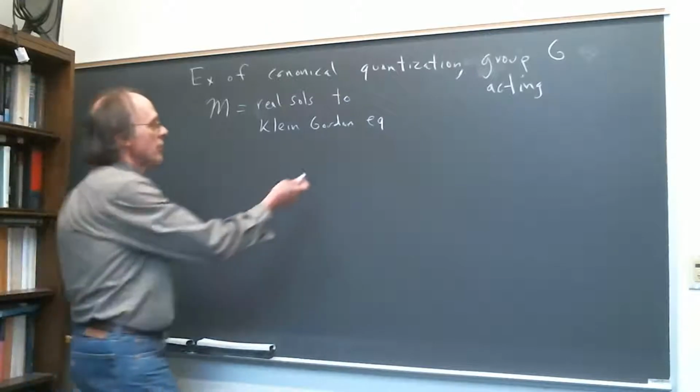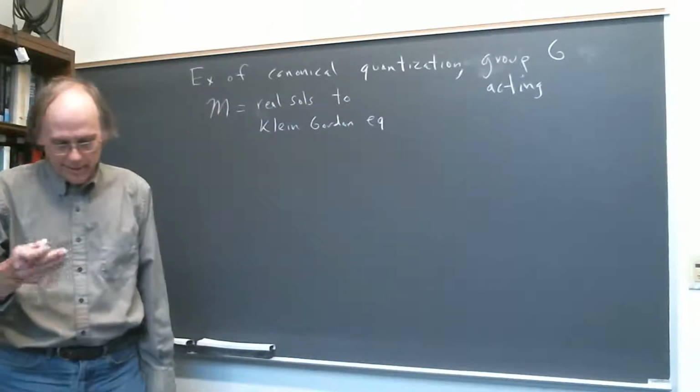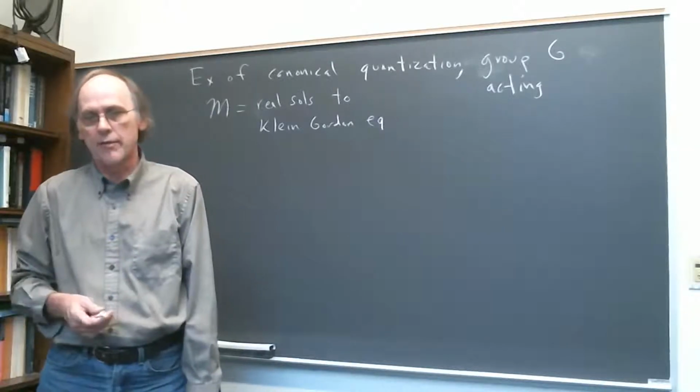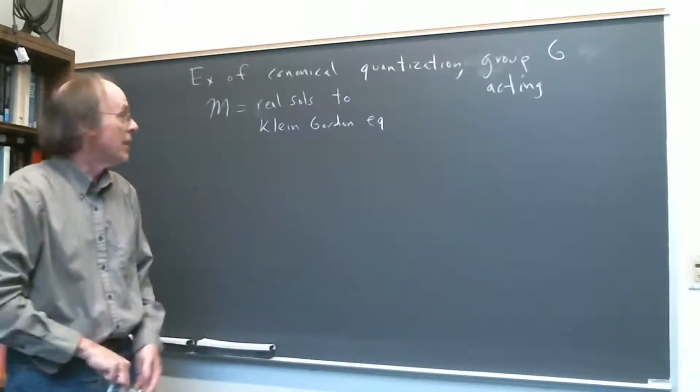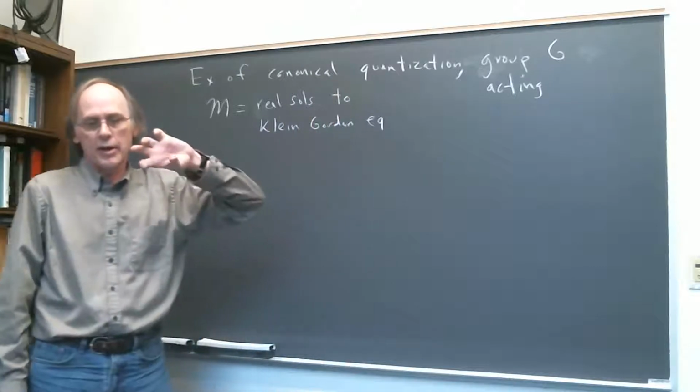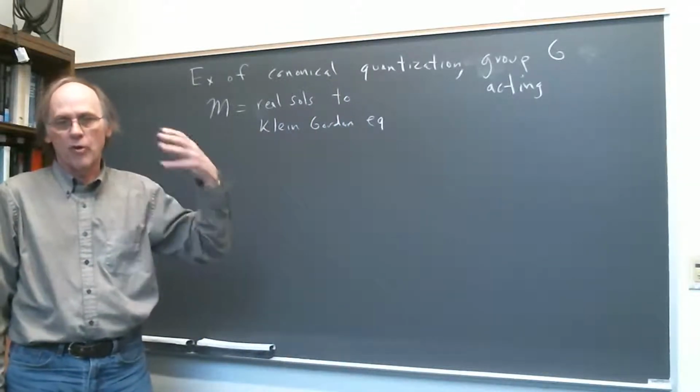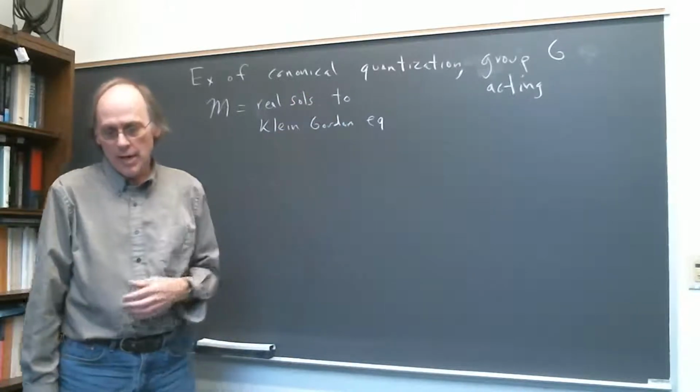But anyway, you can just think of it as some kind of equation of motion with a lot of nice invariances. It's translation invariant. It's invariant under the full Poincare group of all Lorentz transformations and translations.